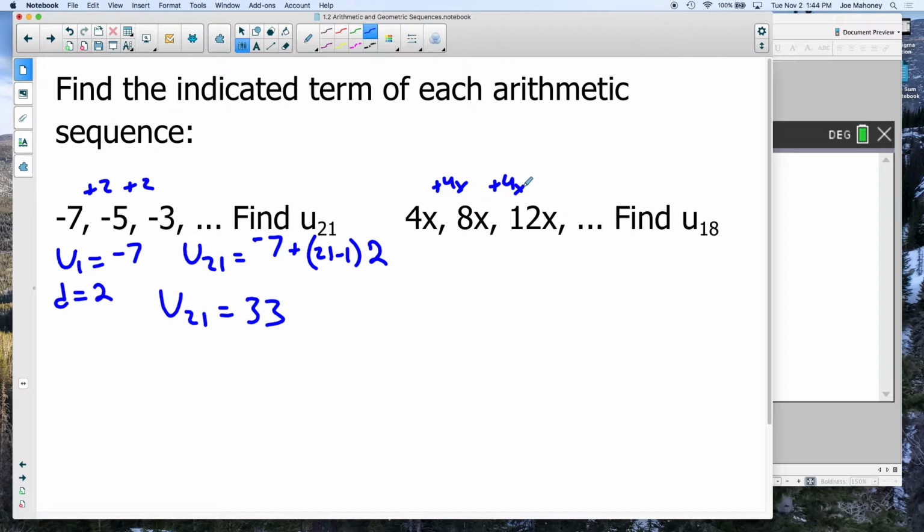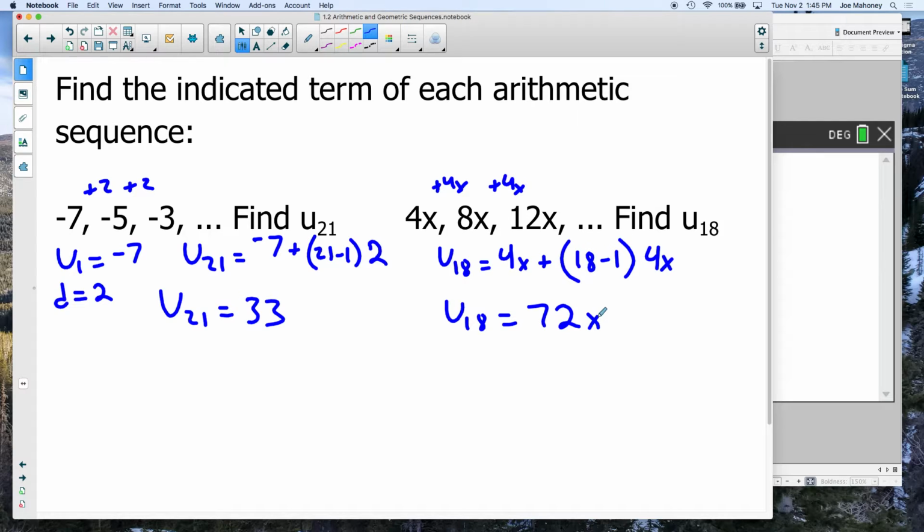So if I want the 18th term, u sub 18 is going to be my first term plus 18 minus 1 times my common difference of 4x. So that gives me 17 times 4x. I think 17 times 4 is 68, plus another 4 is going to get me up to 72x. So there's the value of my 18th term.